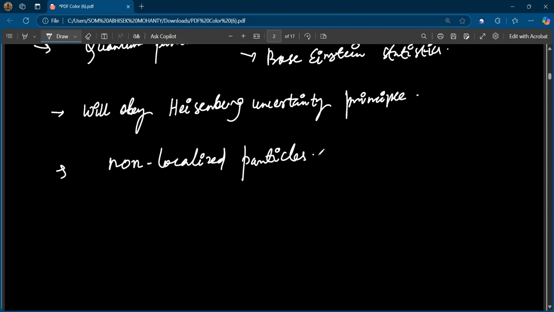So we cannot trace these individual particles.